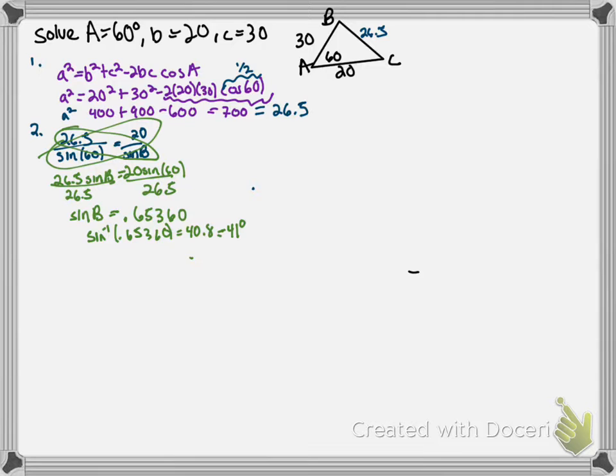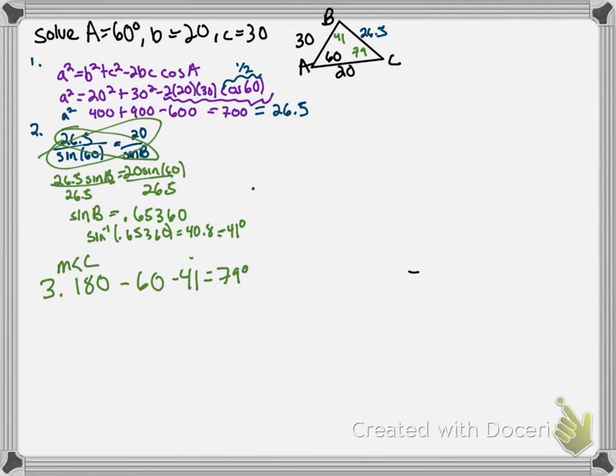So for step 3, we're going to do 180 minus 60 minus 41. So 180 minus 101 is 79 degrees. And that's the measure of angle C. Okay, now we just got to list it out.